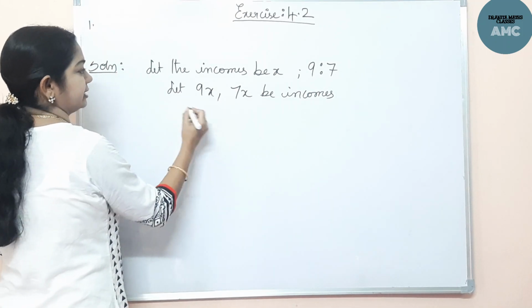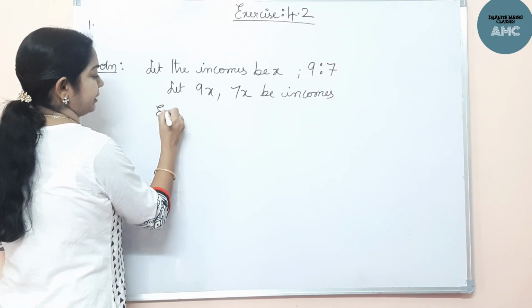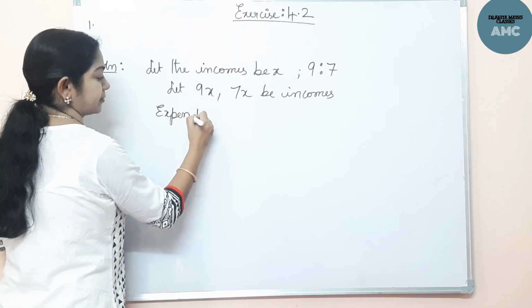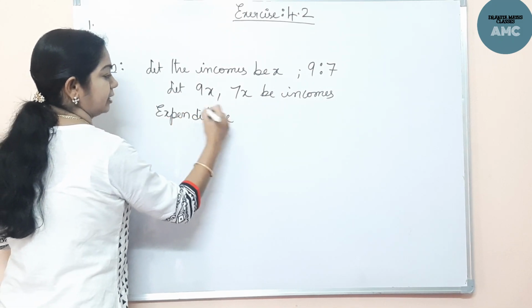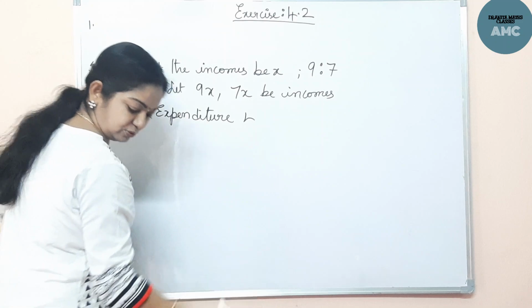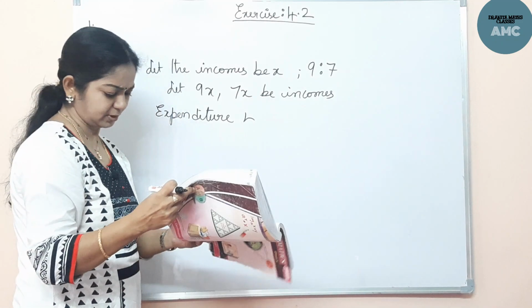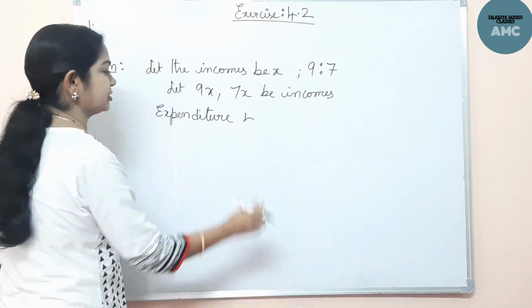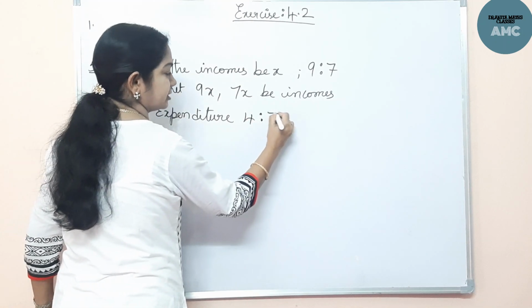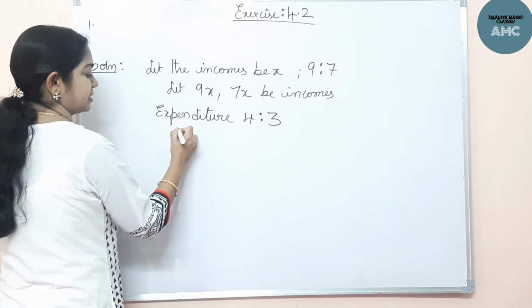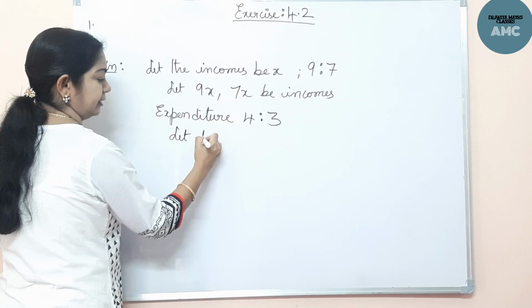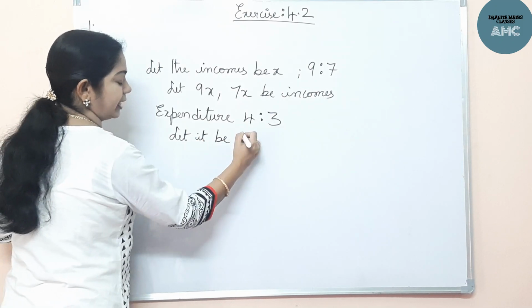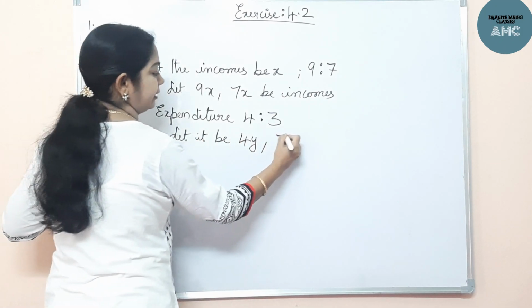The expenditure is 4:3 ratio. That means let it be y, so 4y and 3y.